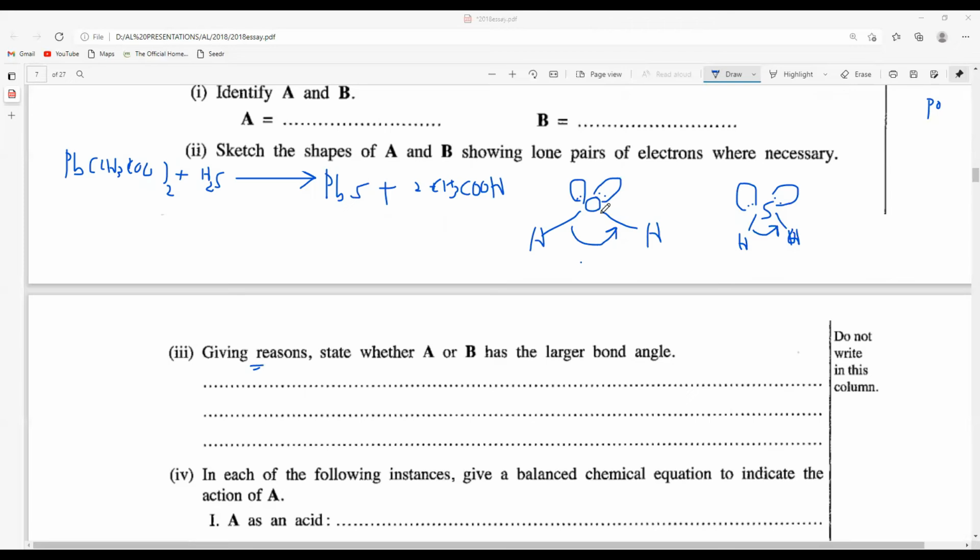So you can mention the bonding electrons are more concentrated surrounding the oxygen atom. So there will be more lone pair, bond pair repulsions than in H2S, here in water, in H2O. Therefore, the bond angle is higher. Okay, so you can mention that.